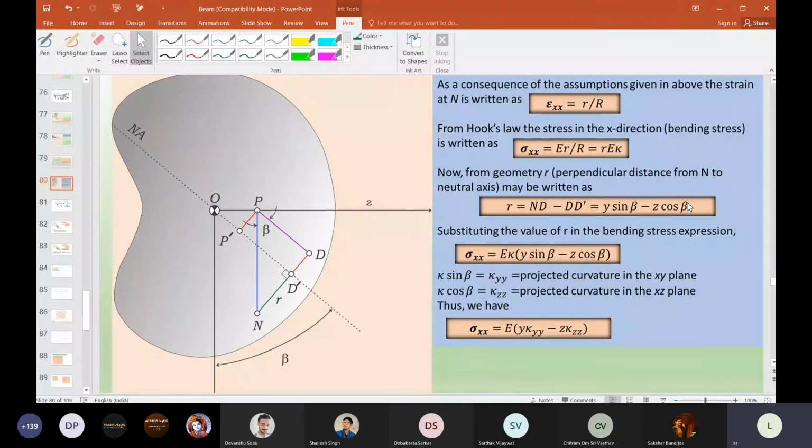Up to that there is no doubt. Now substituting the value of r in the bending stress expression, it is E kappa (y sine beta minus z cos beta).